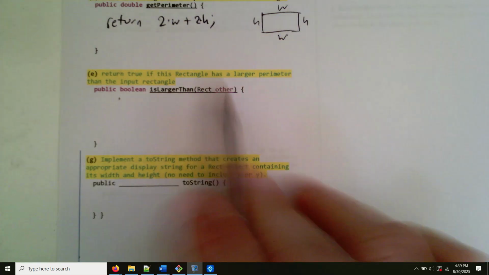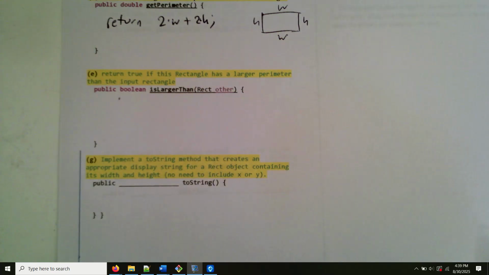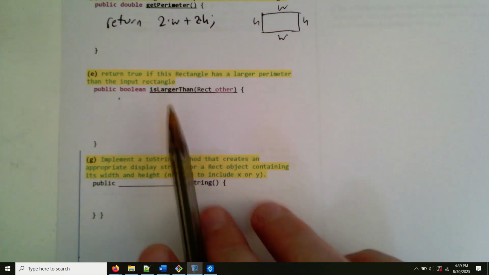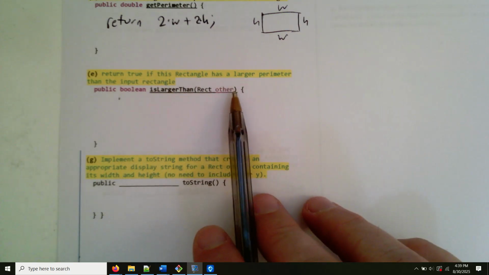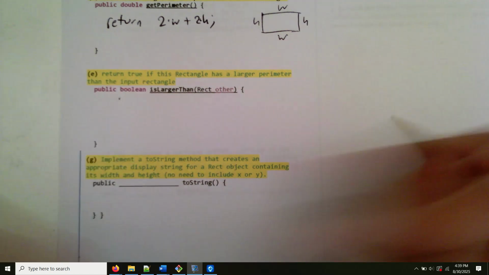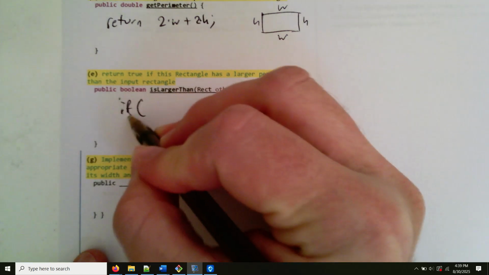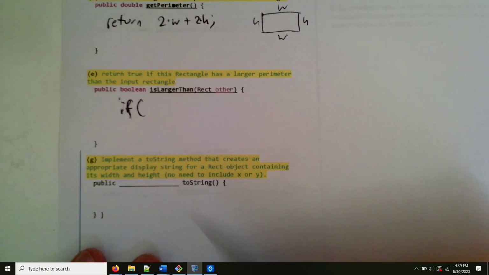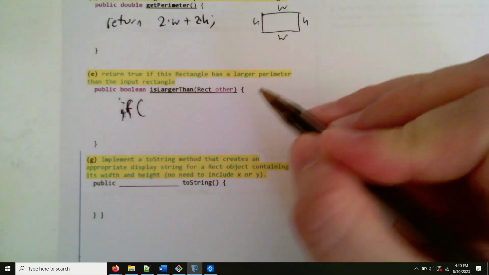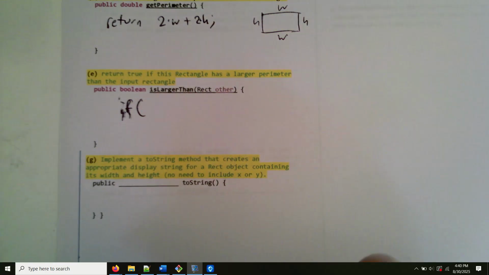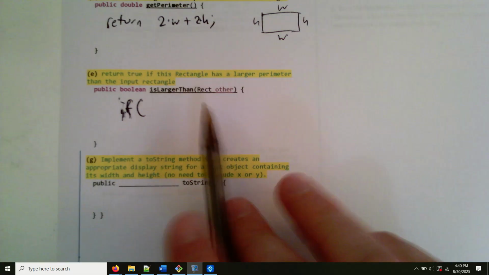Okay, this method is what the video in Somerset 6 was about. It's like, how can I have my own rectangle compare itself to some other rectangle object? I'm going to do it slightly less than the best way, but it's the way that makes the most sense if it's your first time seeing it, and then you can watch the Somerset 6 video to see the slightly better way. So what I want to do is I want to get my own perimeter, because that's how we're deciding who's larger.